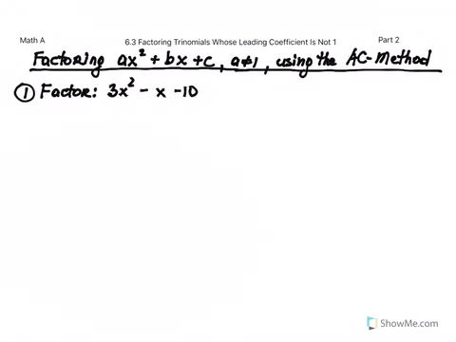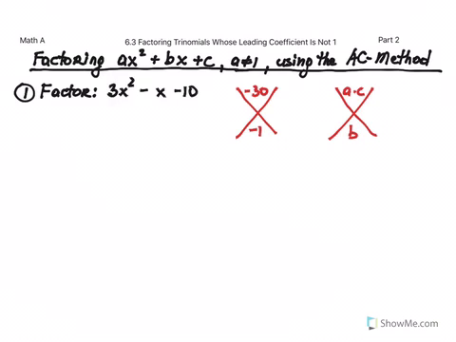First, multiply A times C. In our case, it means 3 times negative 10. Then, identify what your B is in this example. It is negative 1.